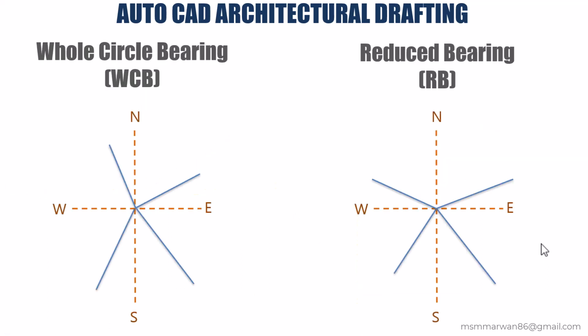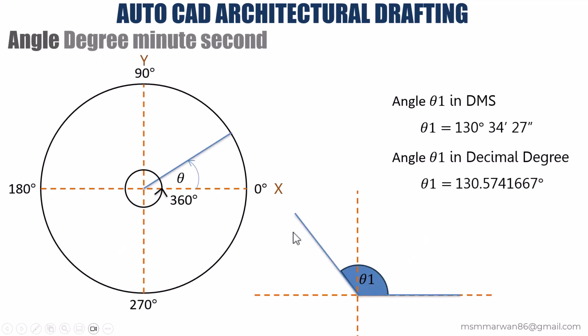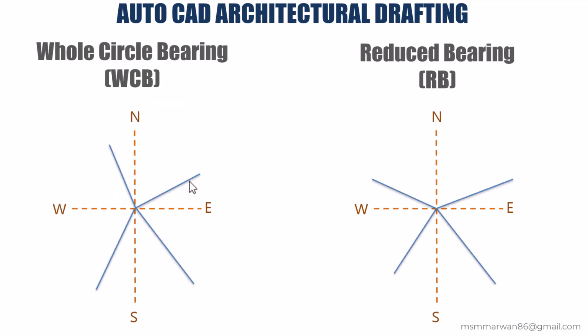Now we can come to the topic of whole circle bearing and reduced bearing. Let me quickly recall the previous one. The theta I told you we measure from the x-axis anti-clockwise. Now in the same fashion, if you measure the angle from north clockwise, we say whole circle bearing. So whole circle bearing is none other than measuring the angle of a line from the north clockwise.